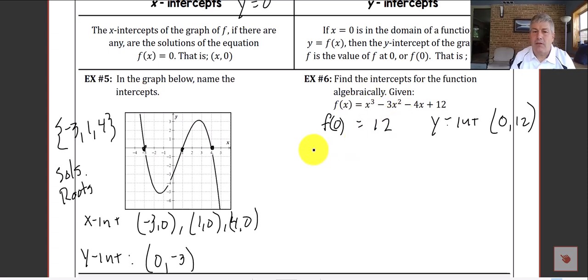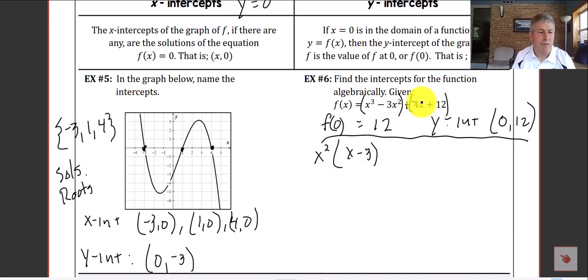The x-intercept, now this guy we're going to have to factor. I'm going to factor by grouping. So for our x-intercepts, I'm going to factor out the greatest common factor in each pair. I factor out the x squared, and I'm left with x minus 3.